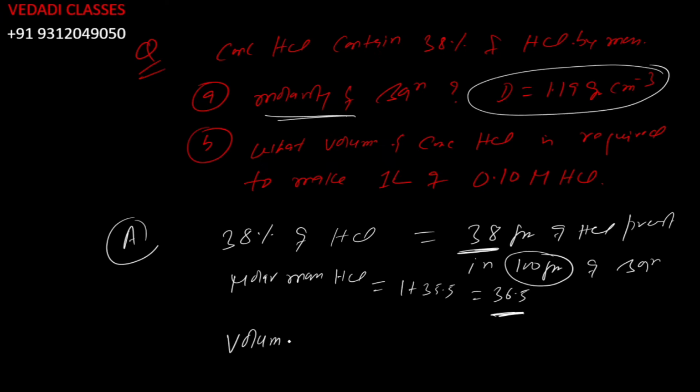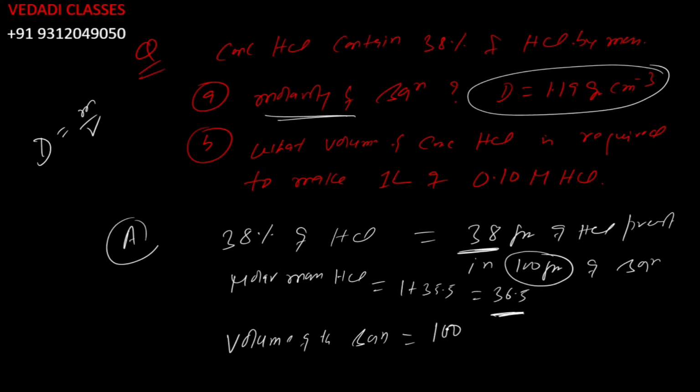Density is equal to mass by volume, so volume is equal to mass by density. Mass of the solution: 38% of HCl means 100 gram of solution is present.